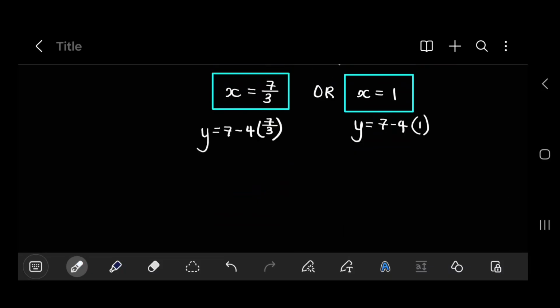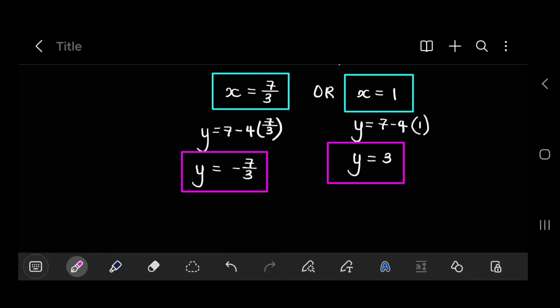So here is our substitution. y would be 7 minus 4 into 7 over 3, or y is 7 minus 4 into 1. So here are our y values. y is equal to negative 7 over 3, or y is equal to 3. So there we have it. We have solved simultaneously for x and y.